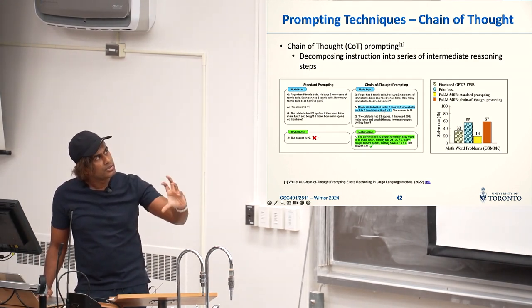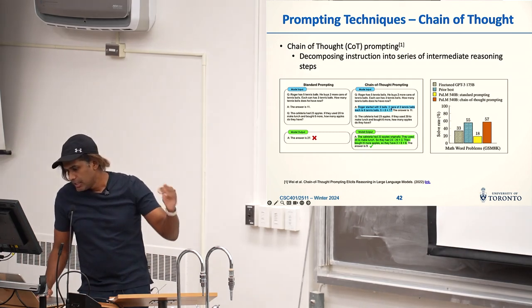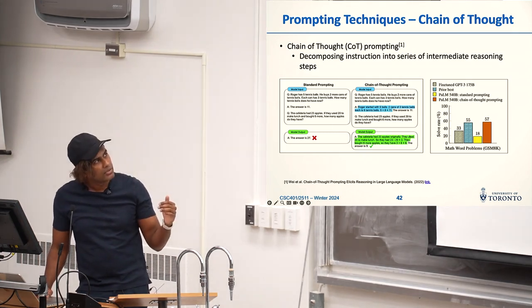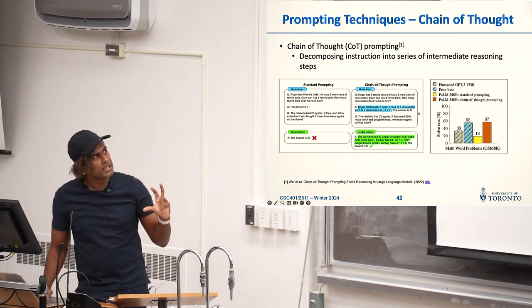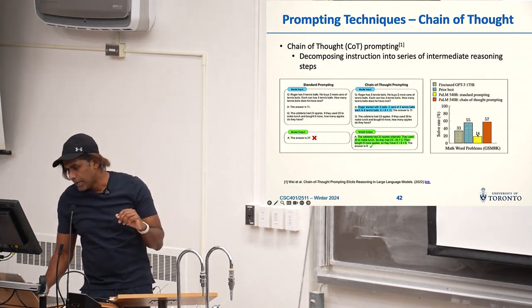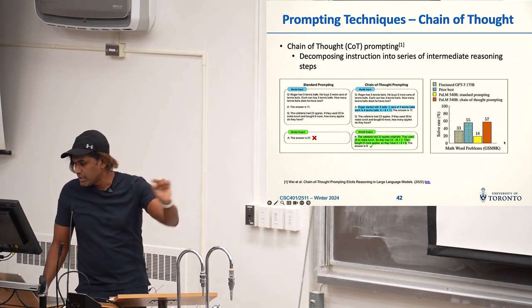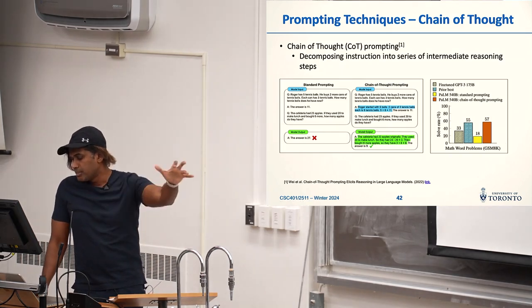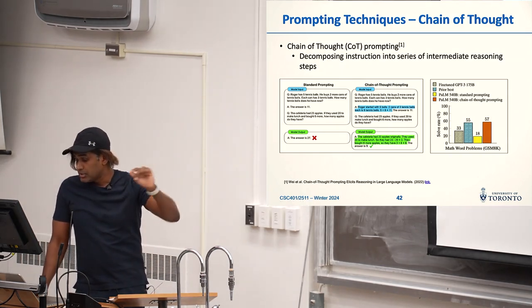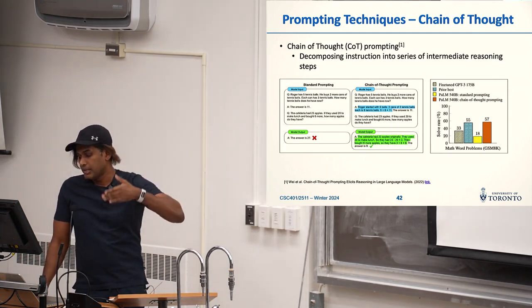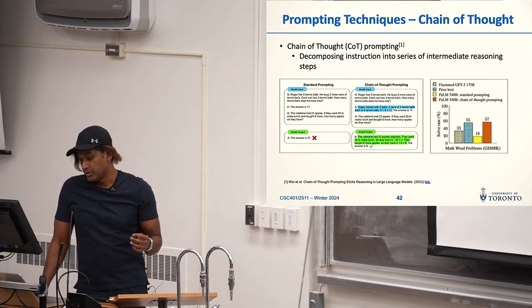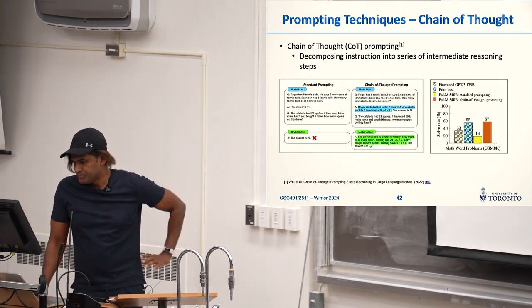But if you decompose that into intermediate steps, it usually gives the right answer. It showed that just by changing this prompting template, you can achieve a far better answer. In fact, it was shown that simply adding a phrase saying, think through this step by step, improves the answer for some large language models.